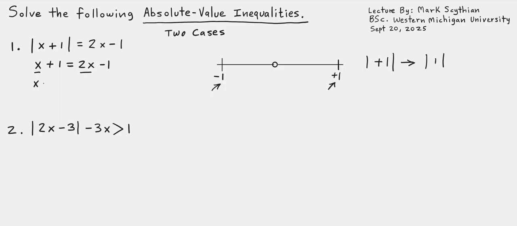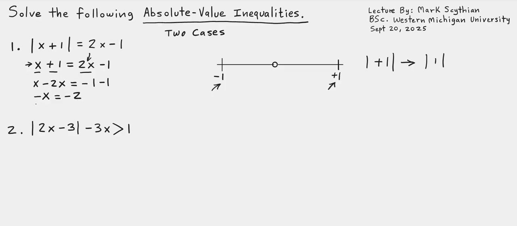So x minus 2x, because we bring the positive 2x over, becomes negative 2x. And then we make this equal to positive 1 minus 1, so negative 2. When we compute the like terms, we have negative x is equal to negative 2.